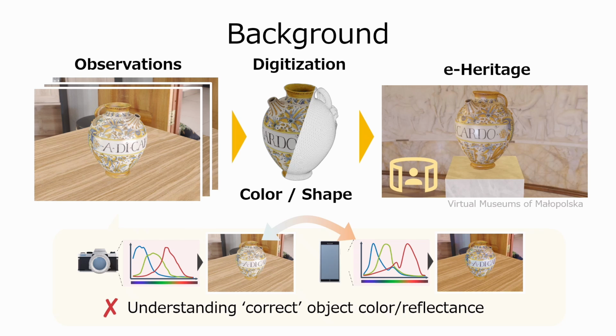For example, when comparing two artworks photographed with different cameras, it is challenging to distinguish whether the observed color differences are due to the characteristics of the cameras or to the differences in the artworks themselves. This, in turn, underscores the importance of accurately understanding each camera's characteristics in order to address these challenges.